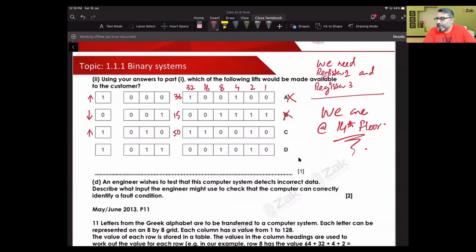All right. Then it comes to D. D says that a lift is going up and currently it is at 8 plus 2, 10th floor. So this is the lift that we need. So our answer is D. Currently this lift is going above and currently it is at 10th.